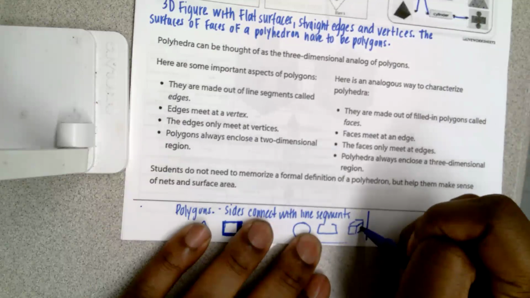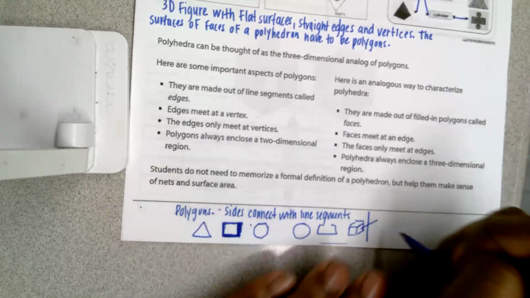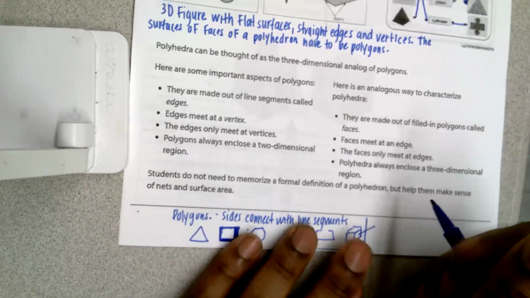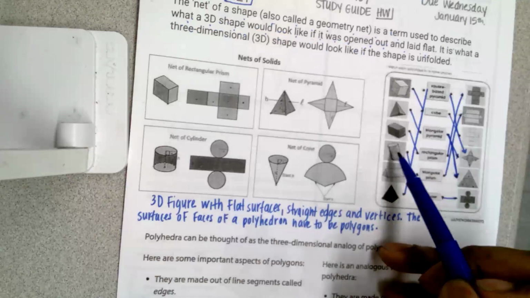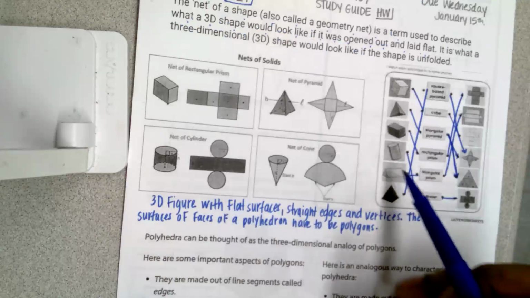Now, that's where we go into polyhedra. As we said, polyhedra could be a square-based pyramid, cubes, rectangular pyramids, triangular prisms. Now, what a polyhedra is not is a cylinder.